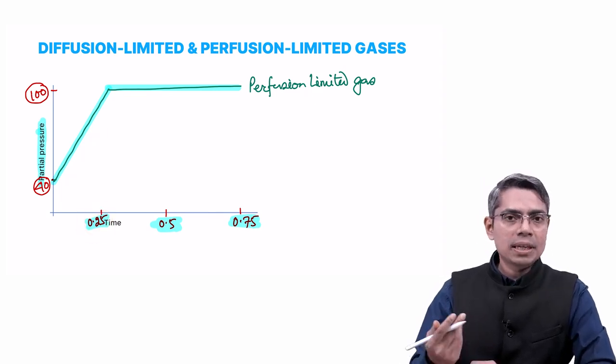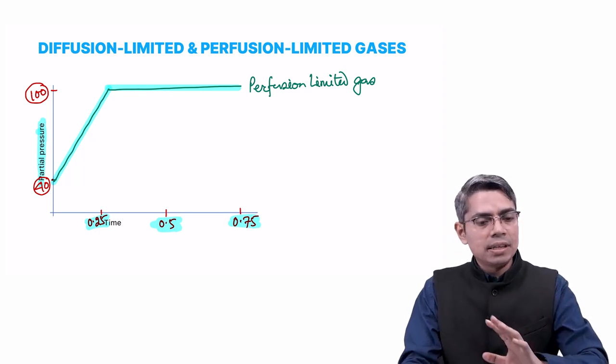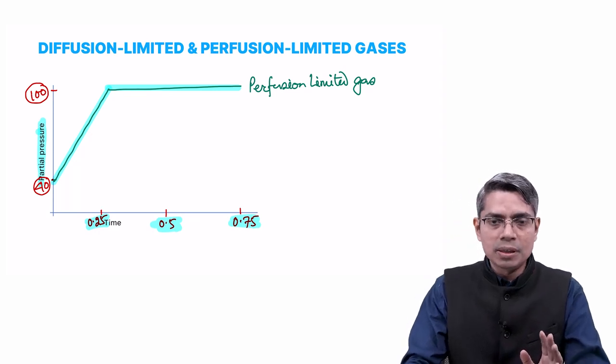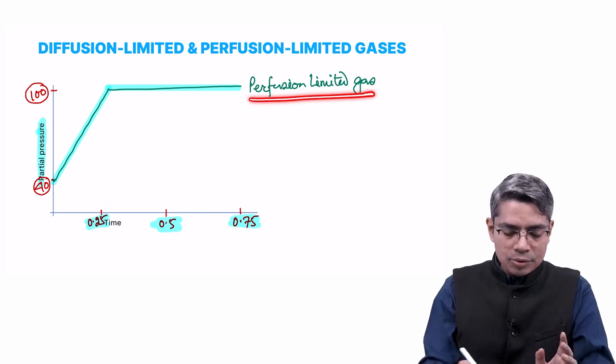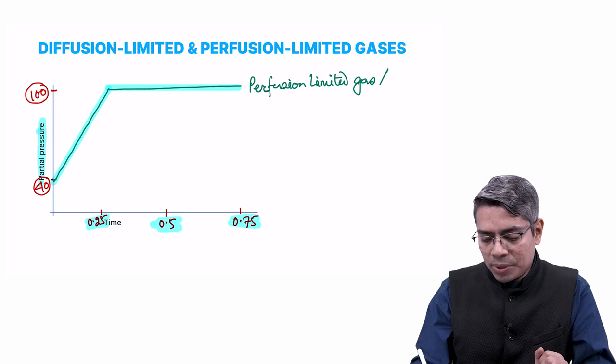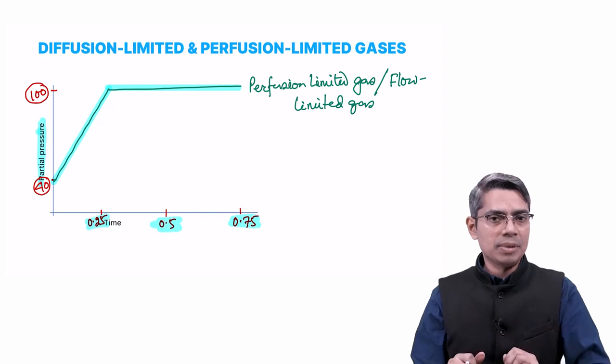The diffusion is very adequate here, and no further increase in diffusion is possible. The only way to increase it is by increasing the fresh blood flow. That's why oxygen is known as a perfusion limited or flow limited gas.